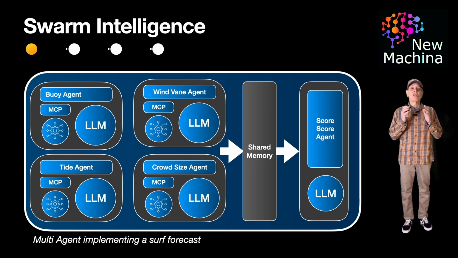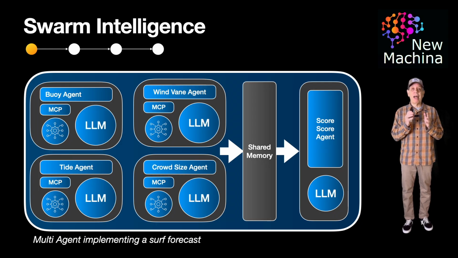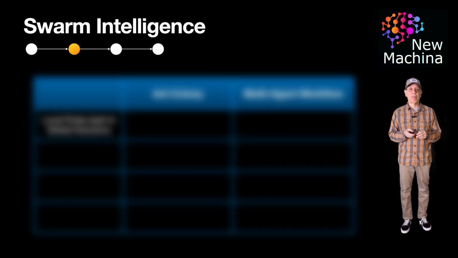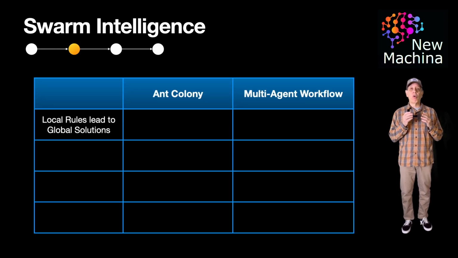Okay, so next let's go deeper into what principles this multi-agent workflow has borrowed from swarm intelligence, and more specifically, an ant colony. The first principle is local rules lead to global solutions. Swarm intelligence operates on the principle that local interactions among agents can lead to global solutions without a central authority.